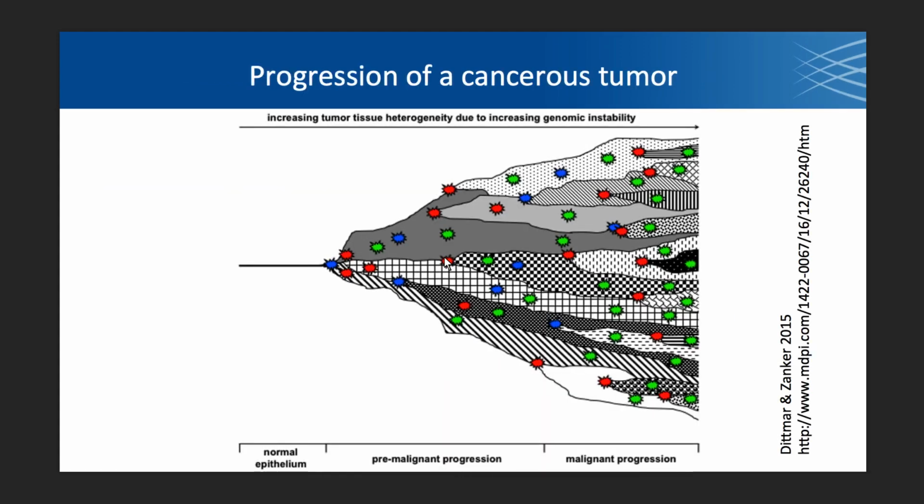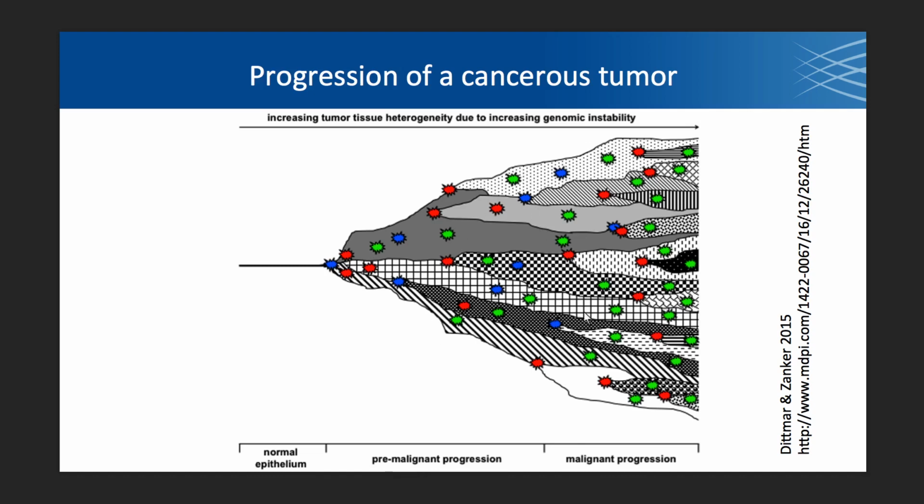Here's another view of cancer evolution. Here we have a normal epithelium that starts to accumulate mutations. Each of these colors is a mutation, and they divide the population of cells into distinct populations.